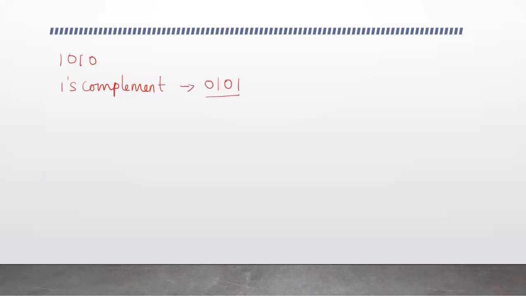It is obtained just by inverting the bits in the binary number, and 2's complement of the number is adding 1 to this. So we get 1 plus 1 is 10110. So this is the 2's complement, 0110.